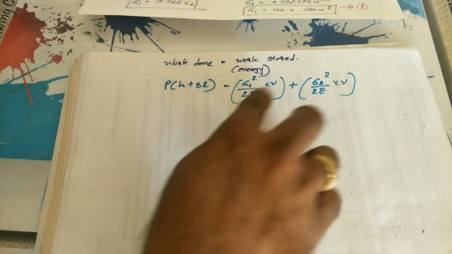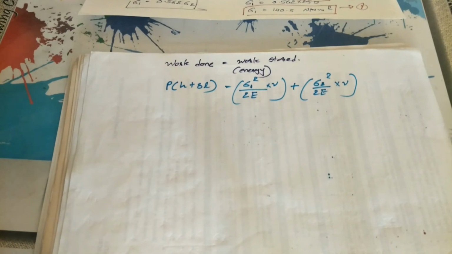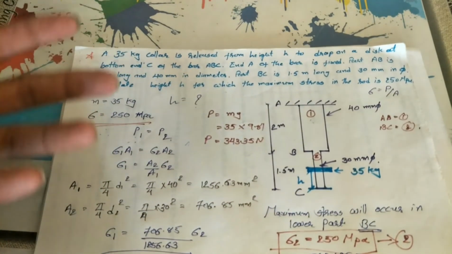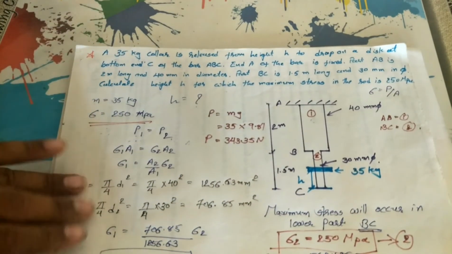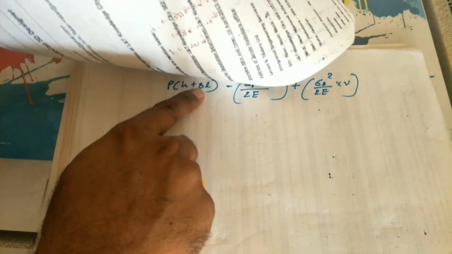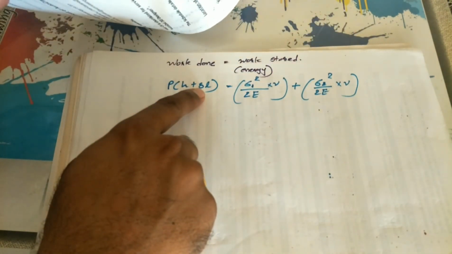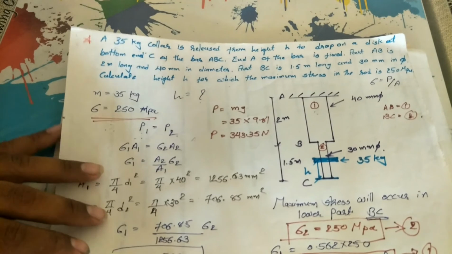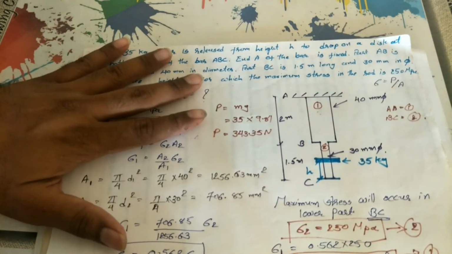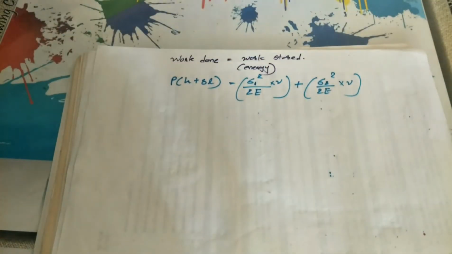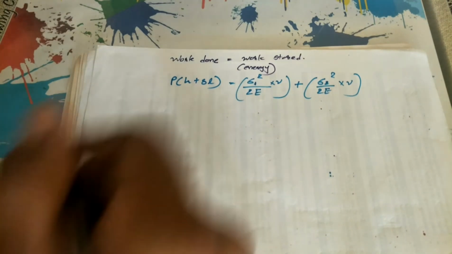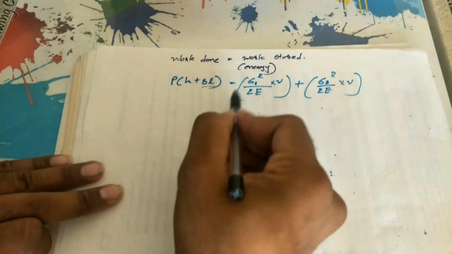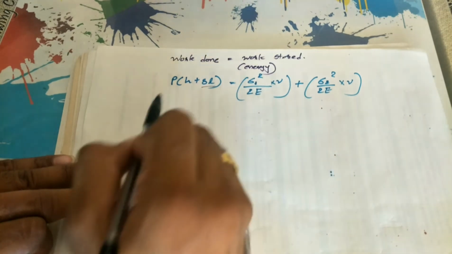Otherwise your equation would be sigma square by twice E into V. So if we neglect the delta L value, the change in length, because nothing is given related to that, we neglect this delta L value and put all other values we have.